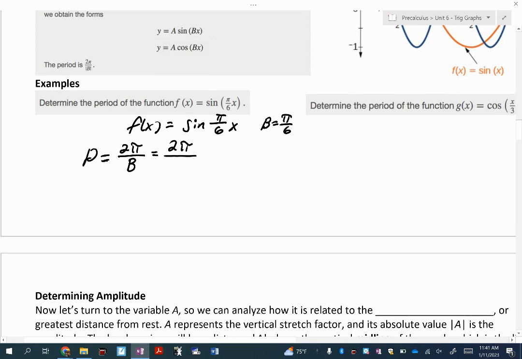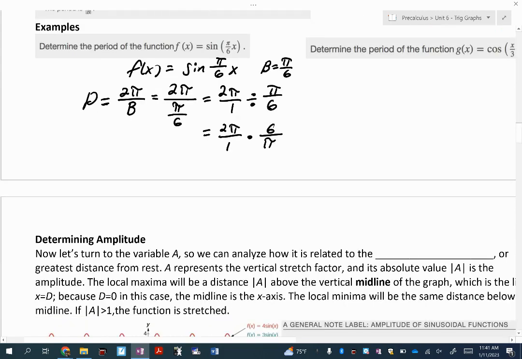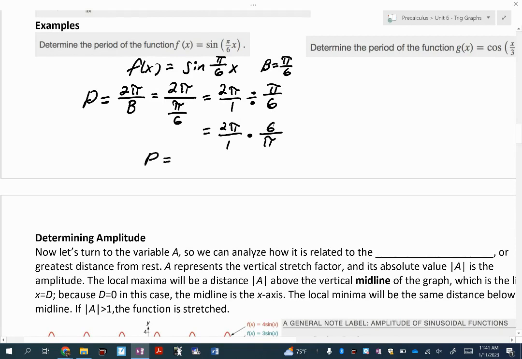That can be a little funky with a compound fraction, so let's do 2 pi over 1 divided by pi over 6. Now I think you'll see it easier: 2 pi over 1 times the reciprocal, 6 over pi. The pi's will cross out, and we just have 2 times 6, which is 12 units. So the new period here is going to be 12 units.